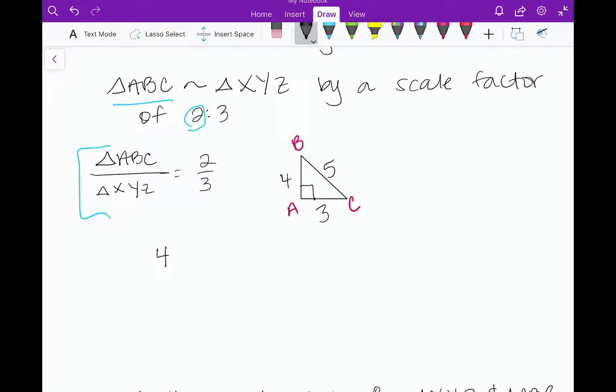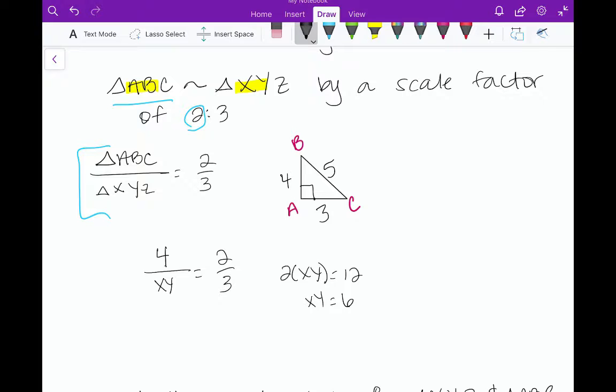AB is 4. AB corresponds to XY. So AB is up here at 4, and this is XY, equals 2 over 3 because that's my scale factor. I'm going to solve that: 2 times XY equals 12, and so XY equals 6.